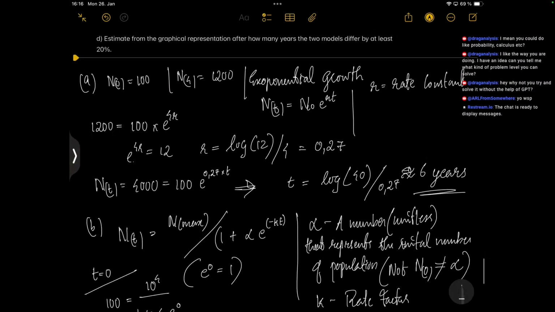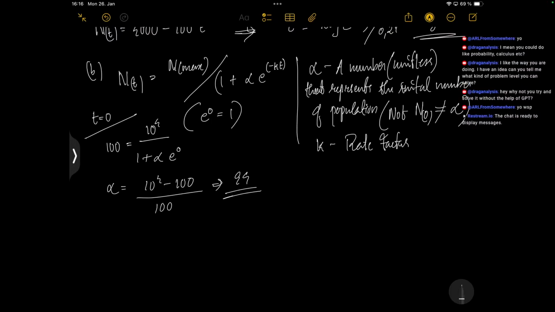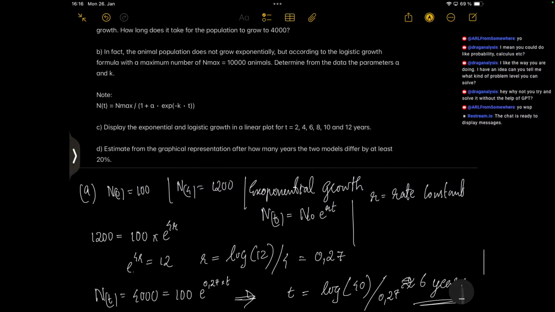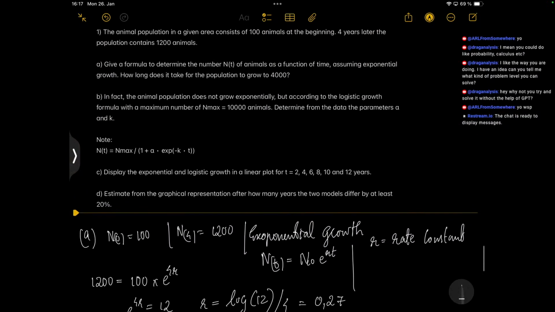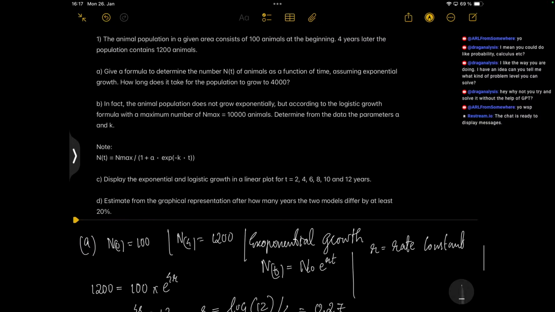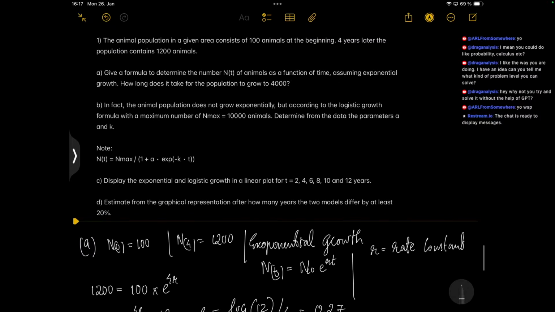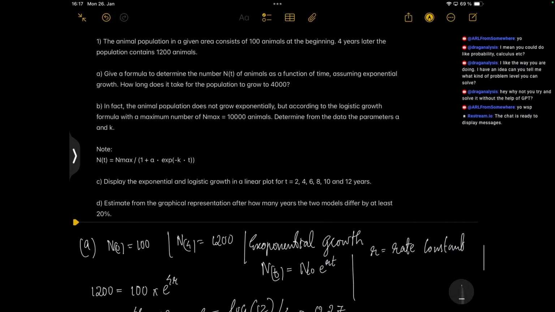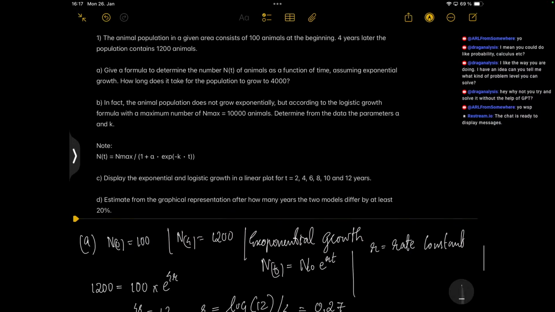Parameters alpha and k. Now how do we find k? Determine from the data the parameters alpha and k.